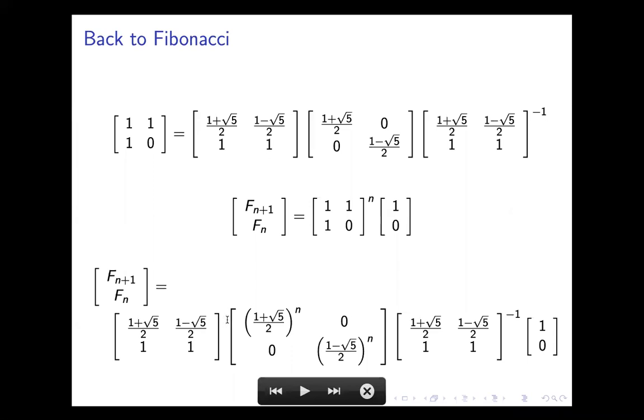Then we need to conjugate it: multiply on the left by the matrix of change of basis, and on the right by its inverse. If you apply this to the vector 1, 0, which gives the initial conditions, the first two numbers in the Fibonacci sequence, we get the answer at the nth step: the vector formed by F(n+1) and F(n).